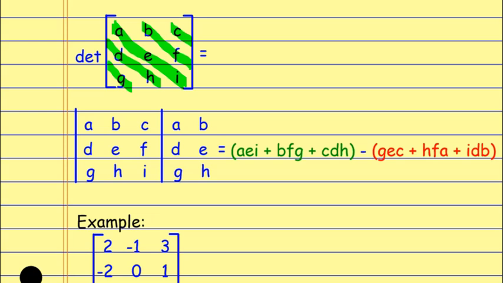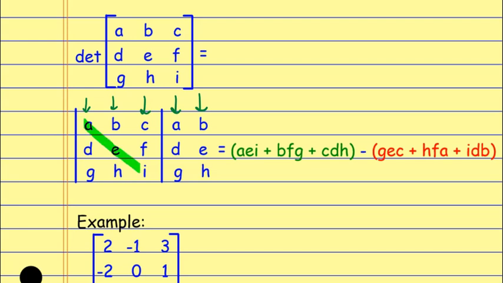Okay, and one of the things that we do to make this easier on ourselves is we simply just rewrite these columns. So like if I'm rewriting this guy right here, I just start rewriting the matrix over again off to the side. That's just a nice little trick that allows me to see these diagonals a little bit more clearly.